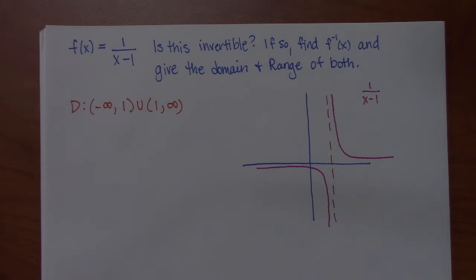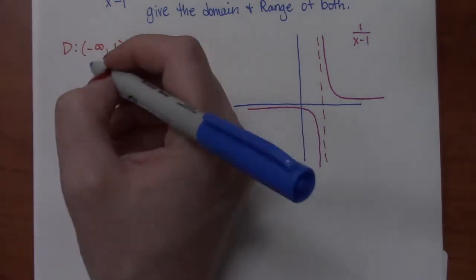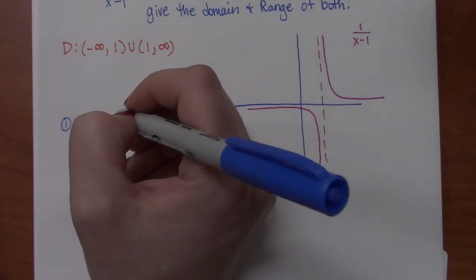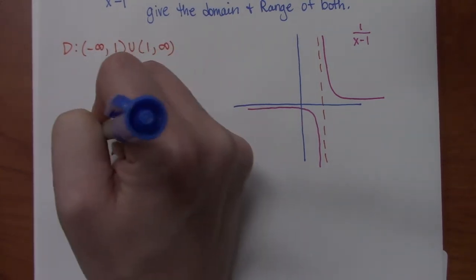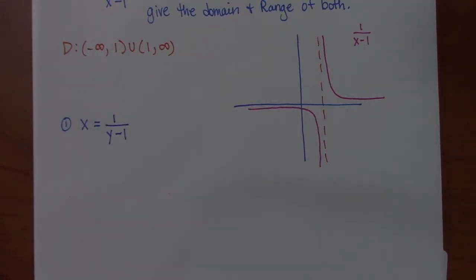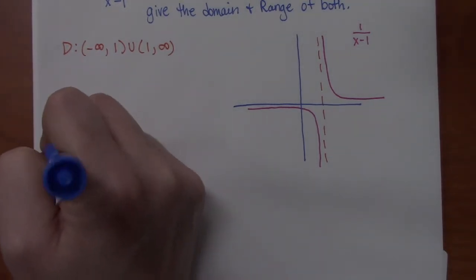So let's see, and I'm going to also bet money that the domain of the inverse will be all reals but 0. So if we set the original equation, it was y equals 1 over x minus 1. So now we're going to say x equals 1 over y minus 1. And now I'm going to solve for y.